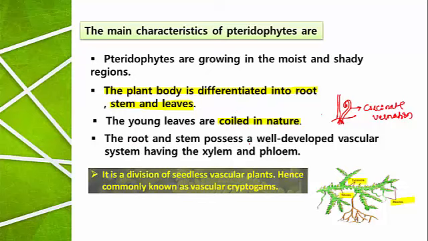The root and stem possess a well-developed vascular system having xylem and phloem. Again, this is a completely differentiating character from bryophytes. In bryophytes, hope you remember, the common name for bryophytes is non-vascular plants.